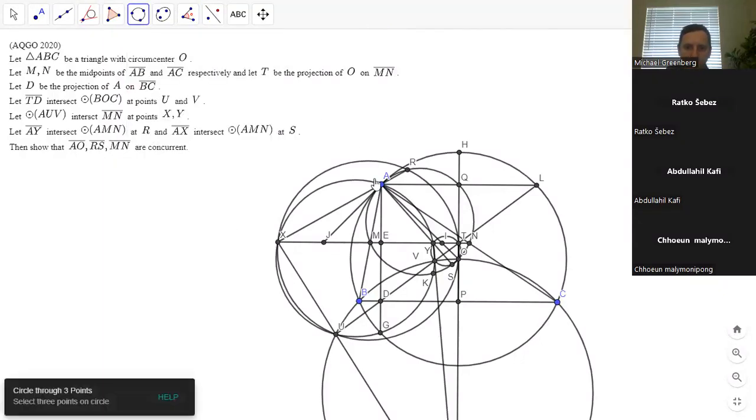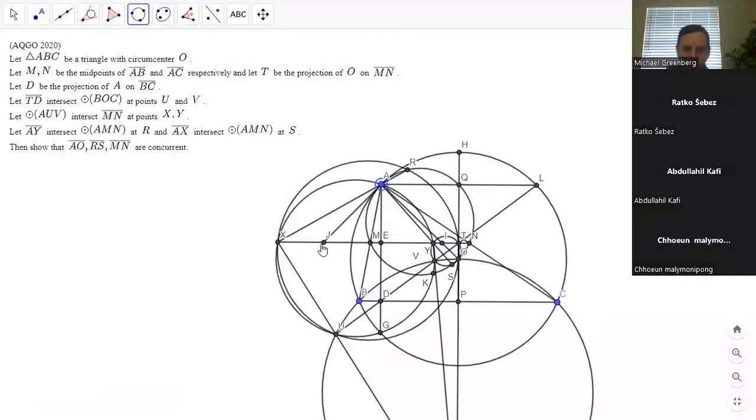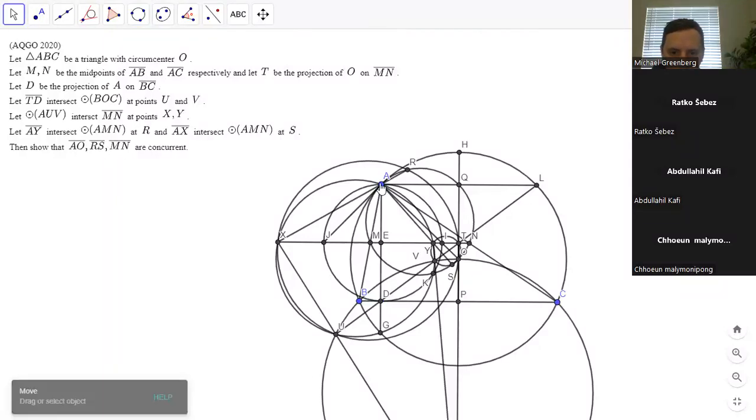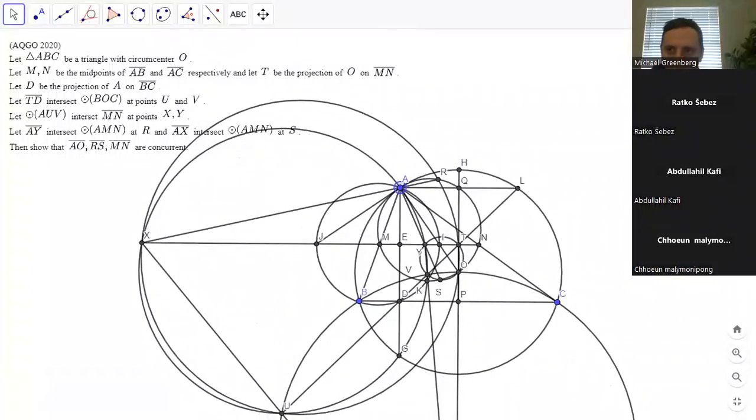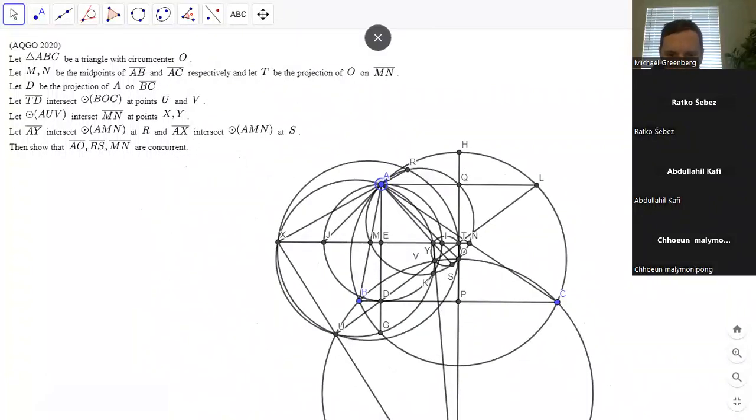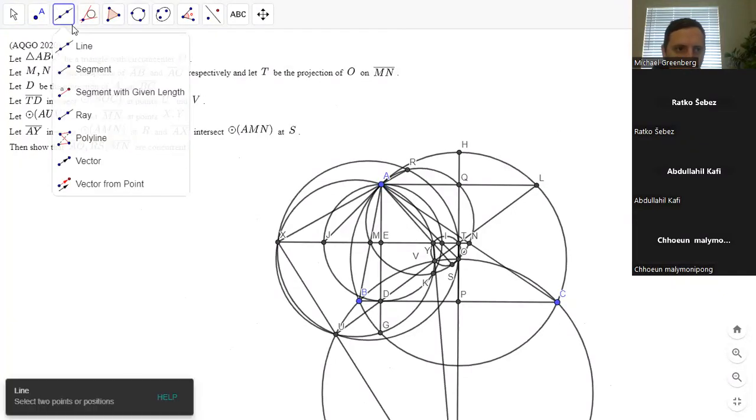Is there some other point it passes through? Is it tangent at D? No. Is this tangent to it? Let's see.